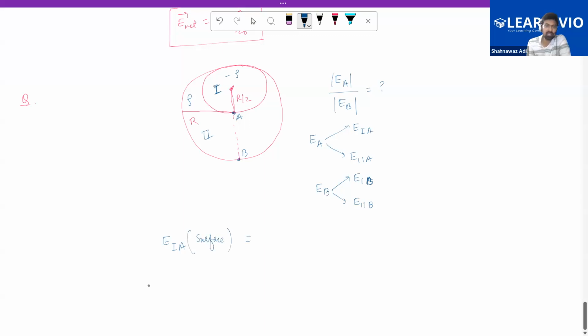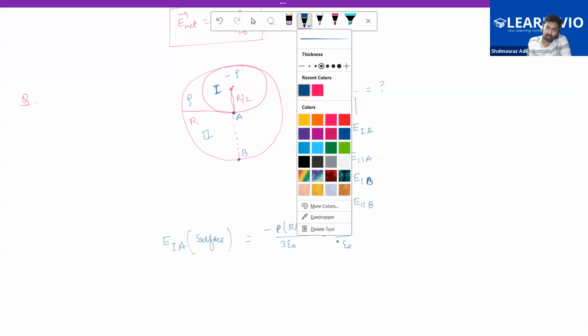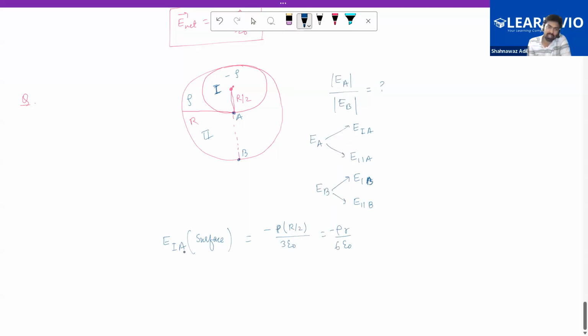So if I calculate the electric field, that would be minus rho times whatever this distance is, divided by epsilon. Am I correct with this? Yes, sir. So this would be minus rho r divided by 6 epsilon, right? So this is the first contribution, and we are only talking about this A part.